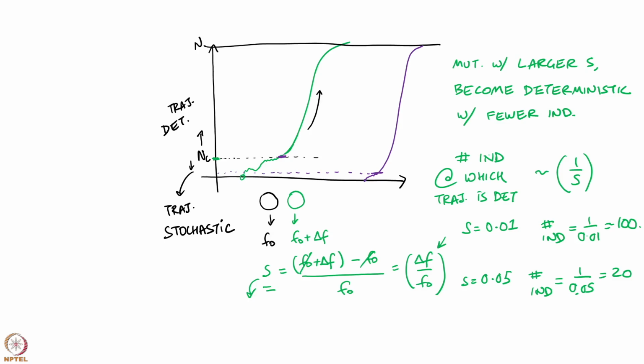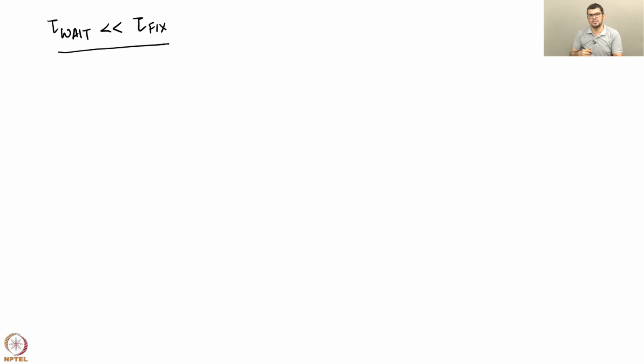Now, let us go to the other regime where tau wait is actually smaller. Tau wait is much smaller as compared to tau fix, and discuss that in the two representations that we have been talking about: how does the picture that we have tried to paint change when the relative time constants of these two processes are switched in their magnitude.